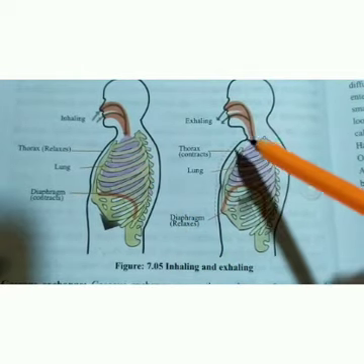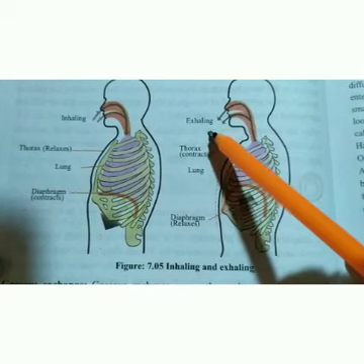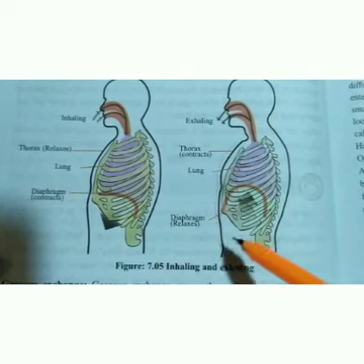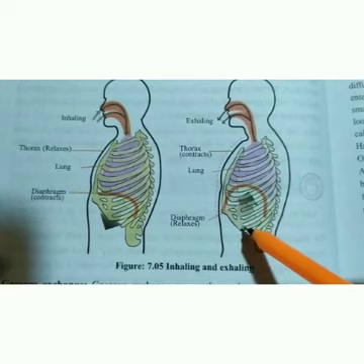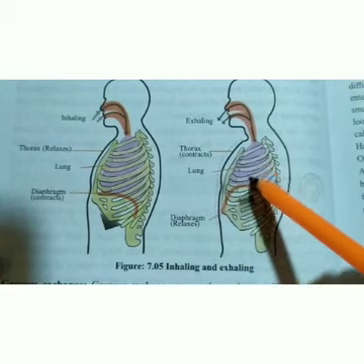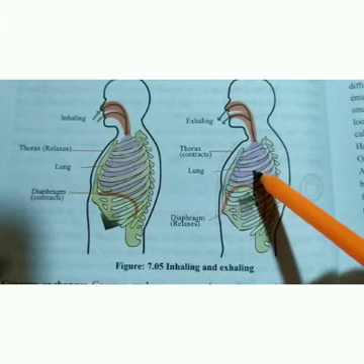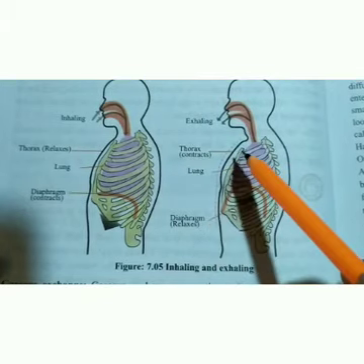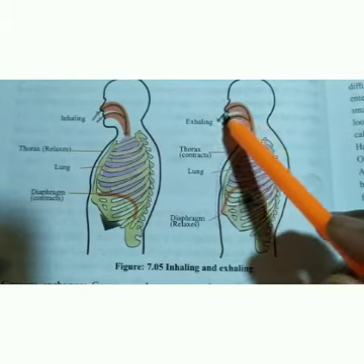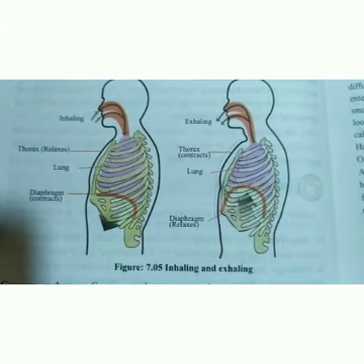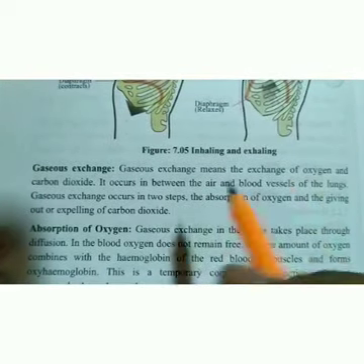In the other section, exhaling the gas, the rib cage relaxes and moves upward, the thorax contracts and the air is exhaled. This is exhaling. The next option, gas exchange.